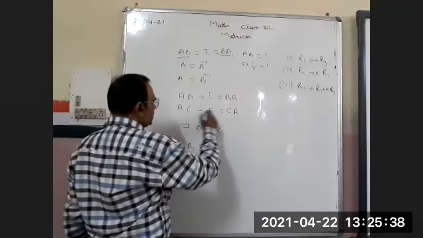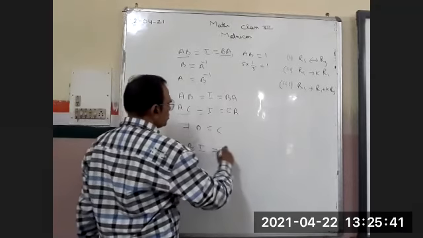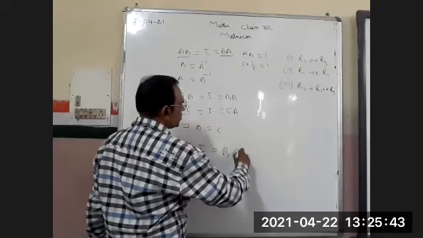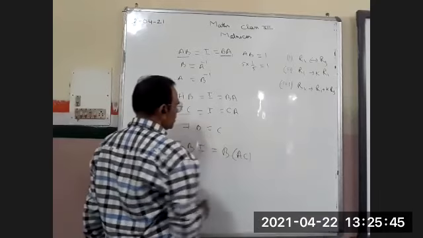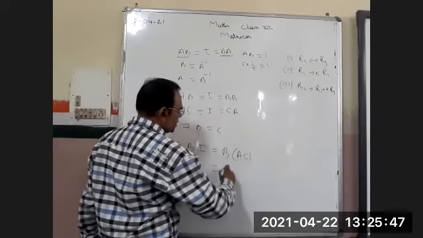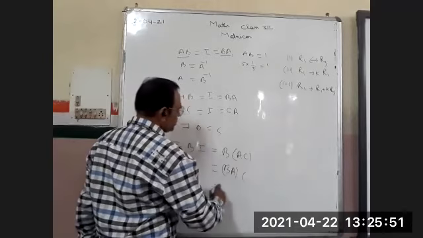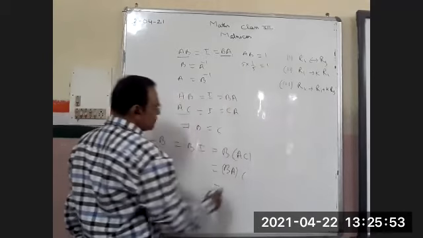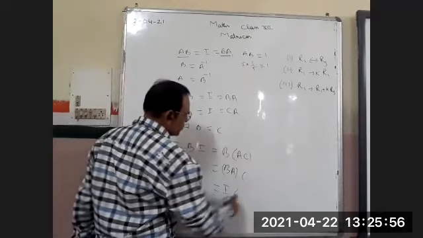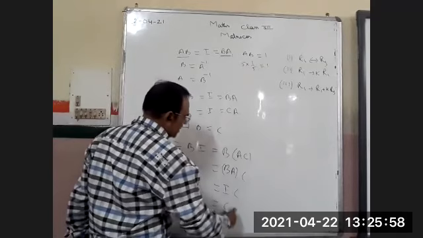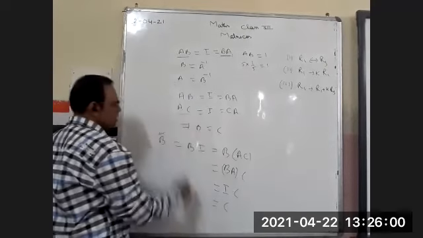In place of I, we can write AC. So B into AC, you can write BA into C. In place of BA, you can write the identity matrix. The identity matrix multiplied by C gives the answer C. So B is equal to C.